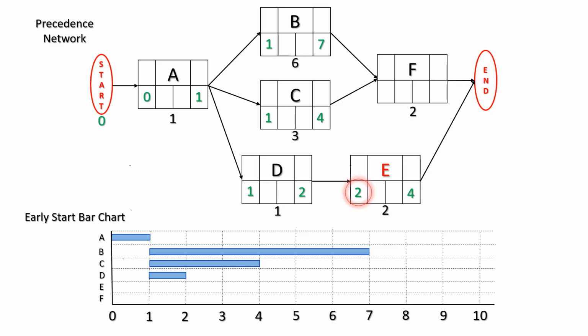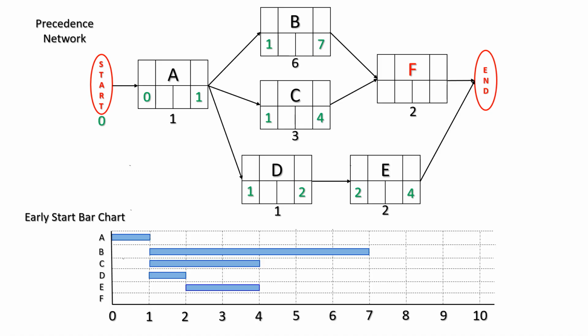Now focusing on the early start, we realize that we can start our bar on the bar chart below at the earliest start of 2, and then draw a bar for the length of the duration, which is also 2, and finish up at an early finish, which is 4. And checking that, we will see that our earliest finish is in fact 4 on the bar chart as well.